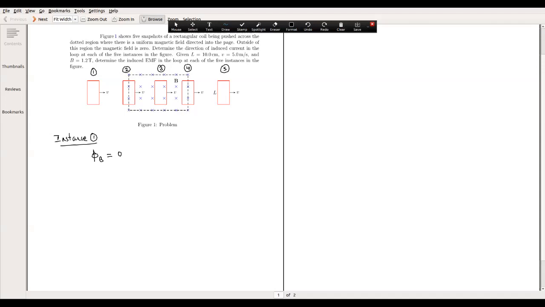Until then, there is no change in flux. Flux being zero does not imply that the rate of change of flux is zero, so we should also clarify that the rate of change of flux is also equal to zero, and that implies that the induced current and voltage are zero.